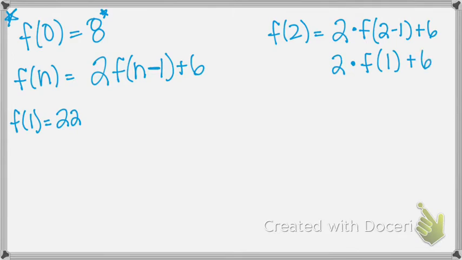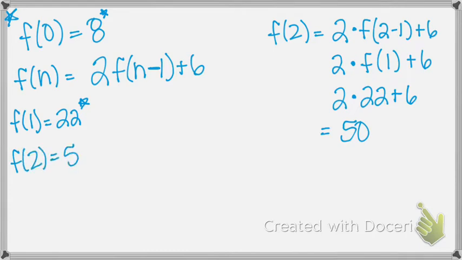Well, now you have to look back. F of 1 was 22. So we're saying 2 times 22 plus 6, which equals 50. So f of 2 equals 50. Okay?